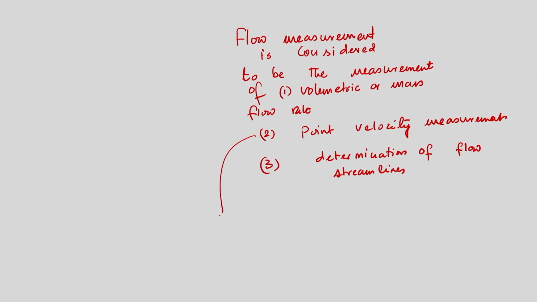The second one is the point velocity measurement, which is very important as a research type measurement. So, the point velocity measurement is typically a research type measurement.